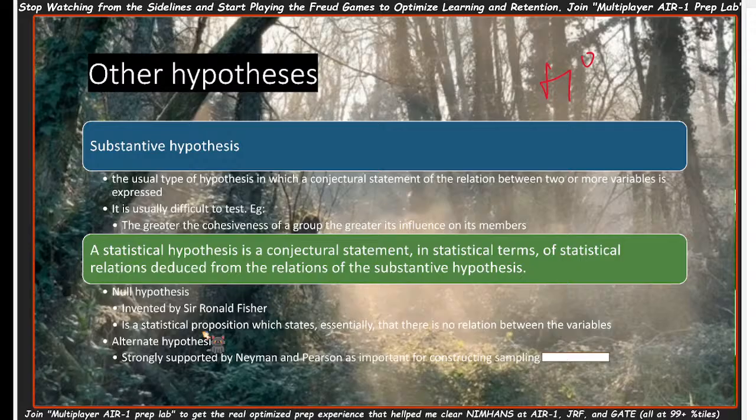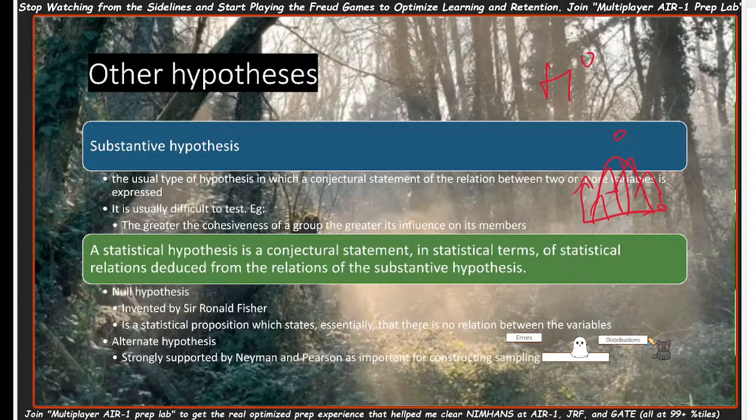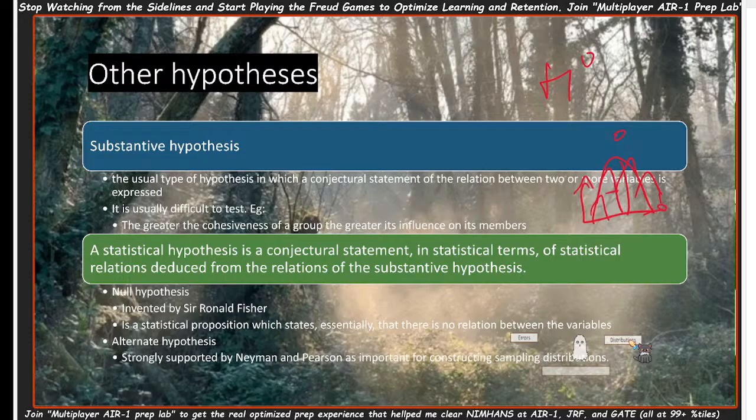So if your mean is different from this point, that means you are significantly different. But to be able to have these different sample distributions, you need an alternate hypothesis. So this was the standpoint given by Neyman and Pearson. We'll talk about what sample distributions are, but without sample distributions, we cannot test hypotheses either.